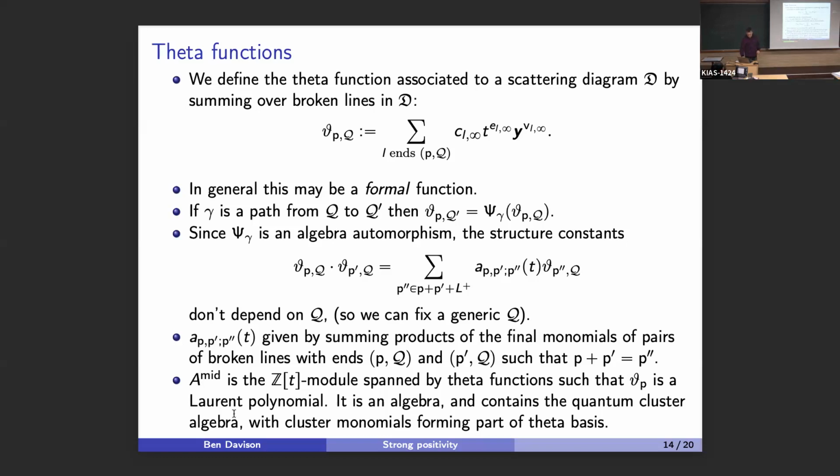And what's more, the quantum cluster monomials form part of the theta basis. So there's a lot there, but all of it's good. And it tells us that if we want to prove the strong positivity conjecture in the quantum setting, it reduces to a statement about scattering diagrams. It reduces to a statement about the functions that appear when you consistentify arbitrary scattering diagrams.